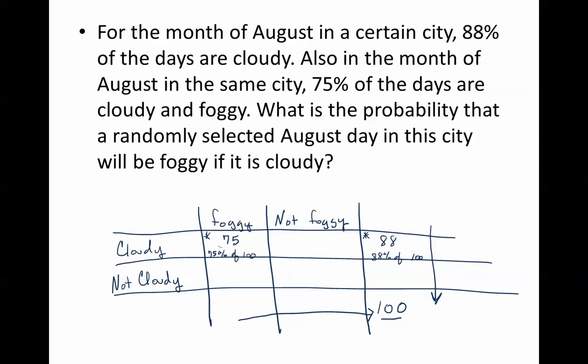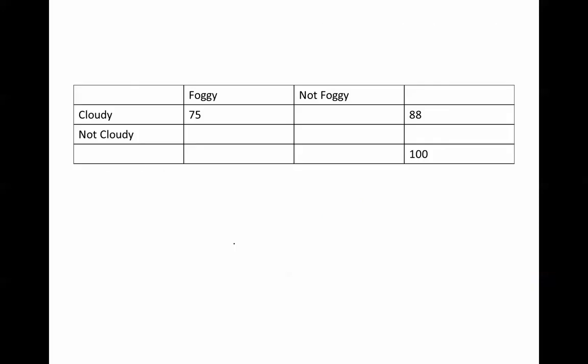Let's go ahead and look to the next screen to see how we're going to calculate our final probability. So here is the table that we have filled in. And remember, what we're trying to find is the probability that our randomly selected day is foggy if it is cloudy.